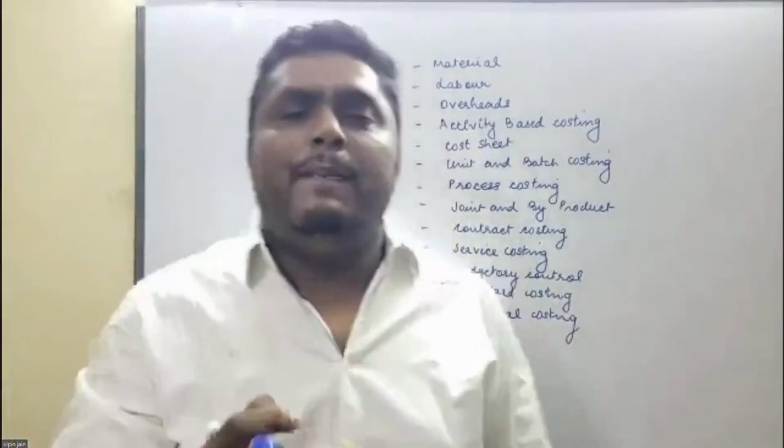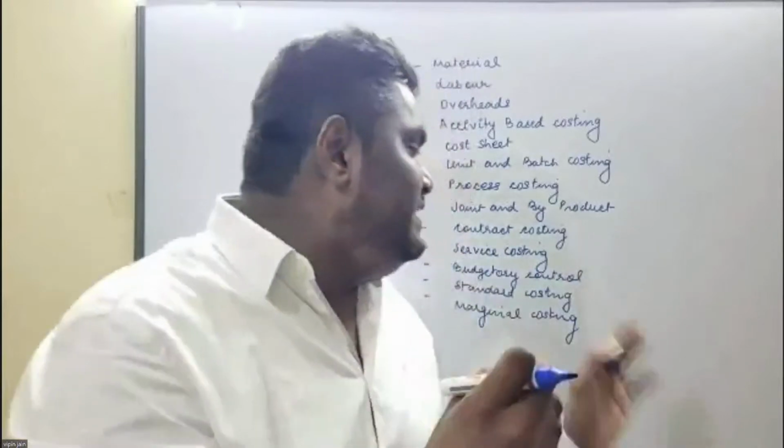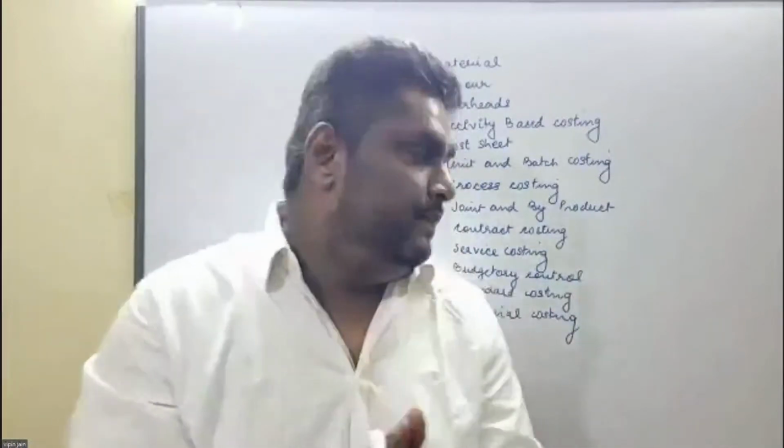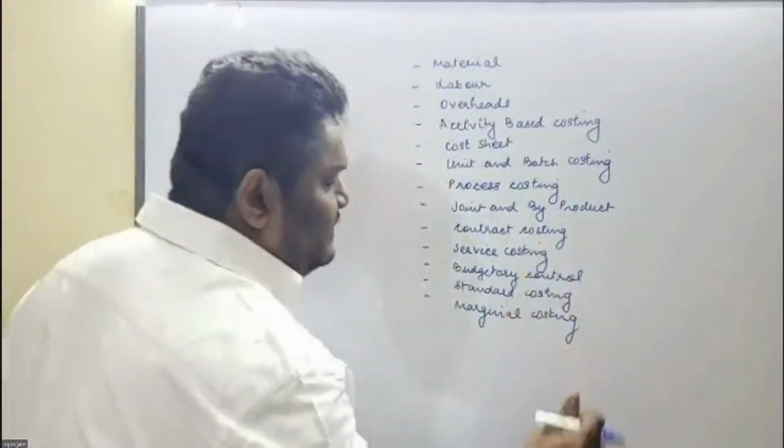These three chapters are part of management accounting, and they are very, very important from the examination point of view. You will see questions from these three chapters in every attempt. So budgetary control, standard costing, marginal costing, very important chapters.